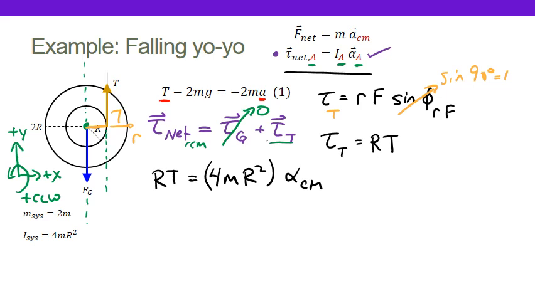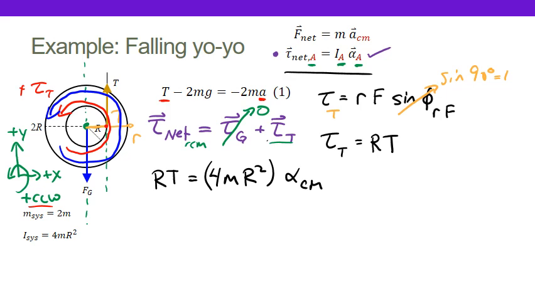Now, we also have to think, is this a positive angular acceleration or a negative angular acceleration? When we look at this torque, we can see that it's going to generate a torque in this direction. So the torque due to tension is going to be positive because it's in the counterclockwise direction. And as we think about this rolling about the center of mass, we would expect it to roll in this same counterclockwise fashion.